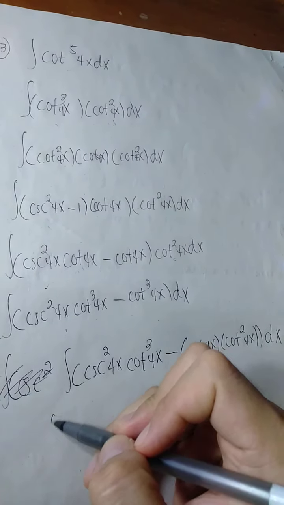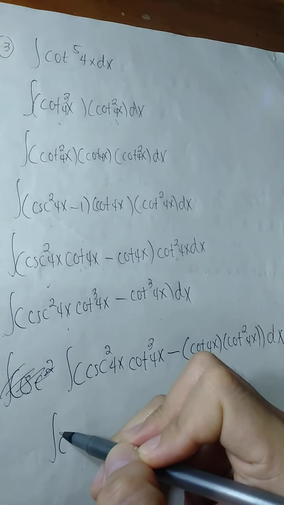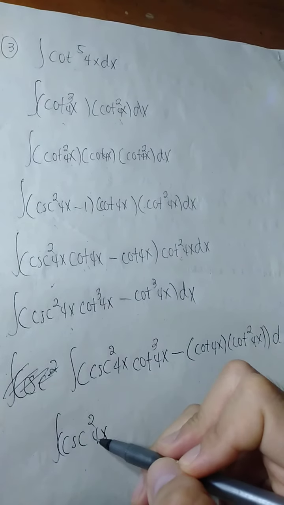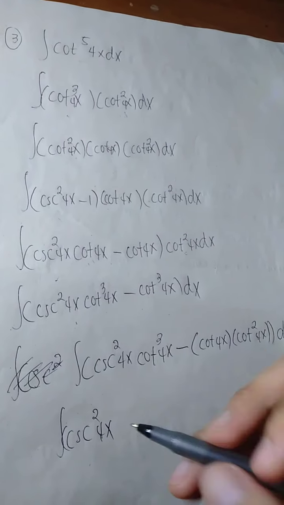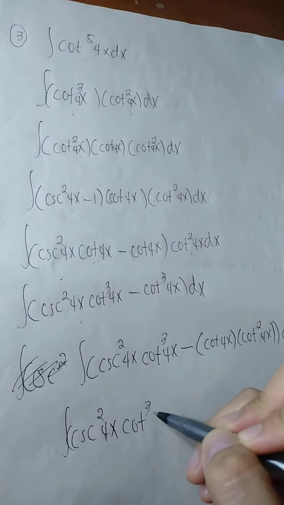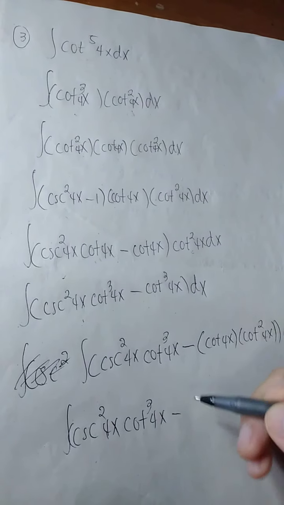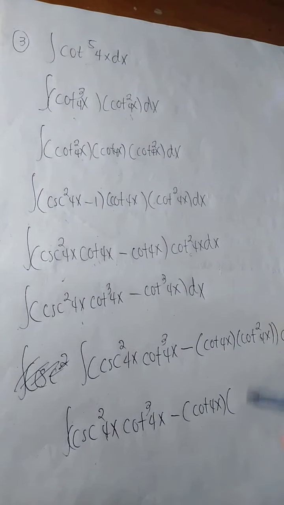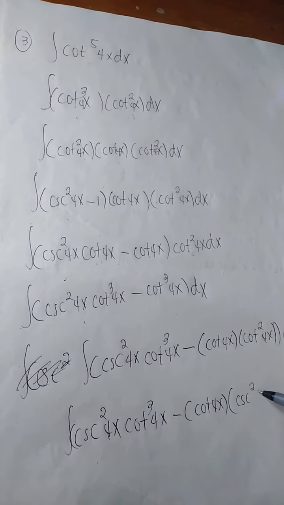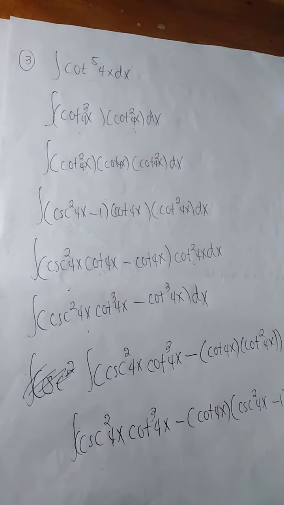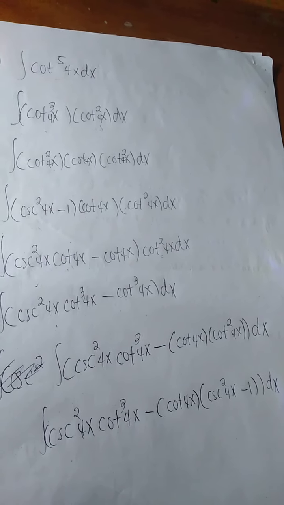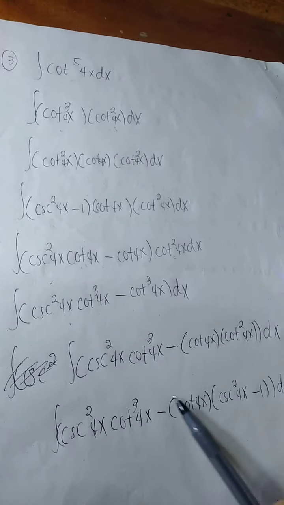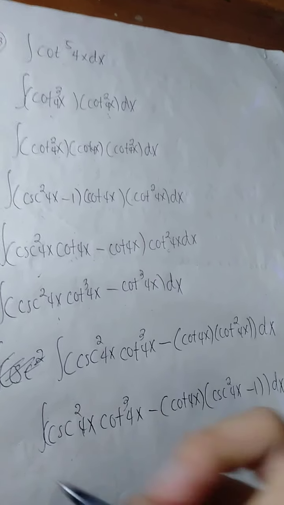Pinapalitan na yan. So magiging integral of cosecant squared 4x cotangent cube 4x minus cotangent 4x. So, ito, palitan natin ng cosecant squared 4x minus 1 dx. Then we distribute now the cotangent 4x dito. And of course, the negative sign. So magiging ano na yan?